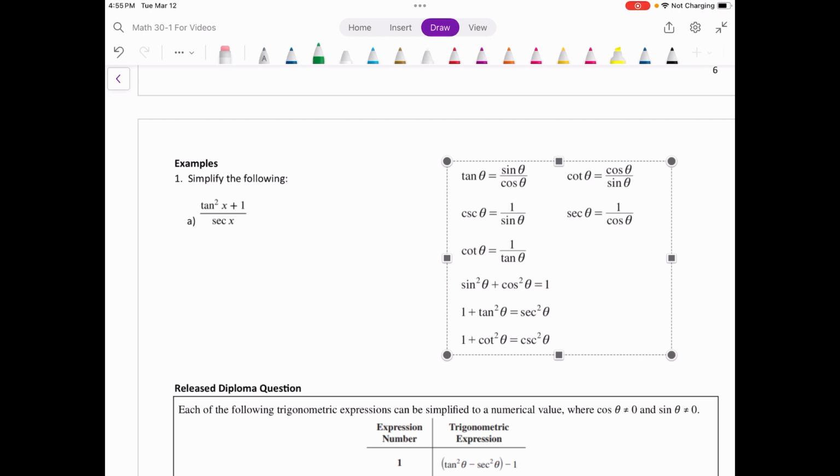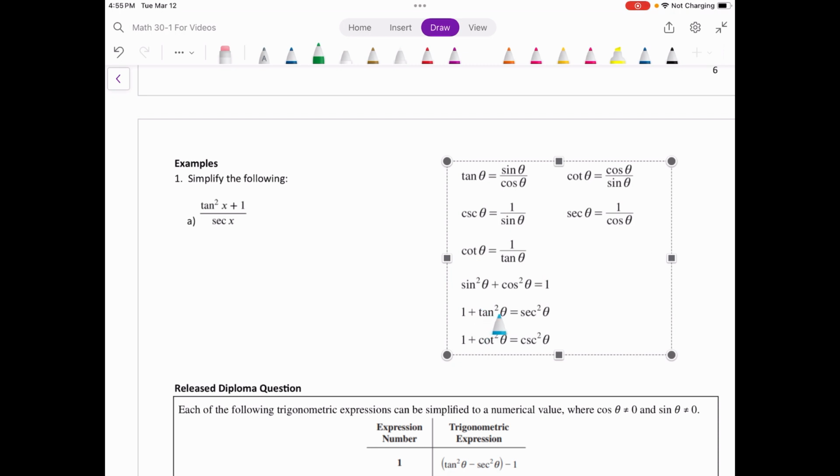So we want to simplify this one, tan squared x plus 1 over secant of x. So I see that tan squared, okay? That squared makes me think, let's see if maybe there's a Pythagorean identity I can try out to see if I can simplify it, right? Because tan squared theta plus 1, that's the same as 1 plus tan squared theta.